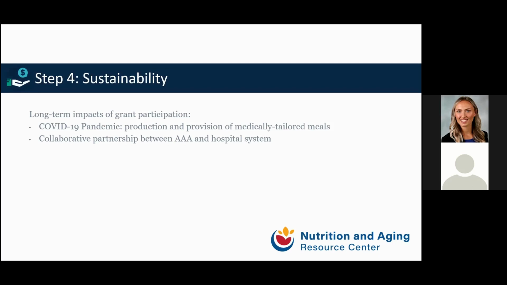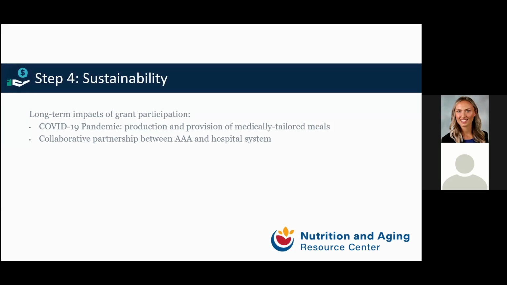At that time, because we had these menus already made, we were approached by Area Agencies on Aging to provide these medically tailored meals based on the standards, which we were able to do not only in Maryland, but in Delaware and in DC. And we continue to work on providing these.